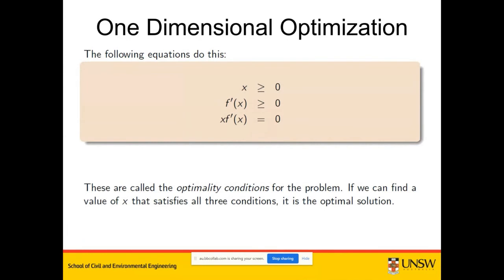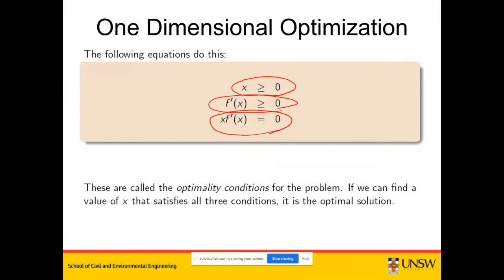These optimality conditions were the non-negativity condition for x, the derivative being greater than or equal to 0, and if you multiply x by its derivative, it has to be 0, meaning that either x is 0 or the derivative is 0. Again, you can go back to last week's lecture for more information.